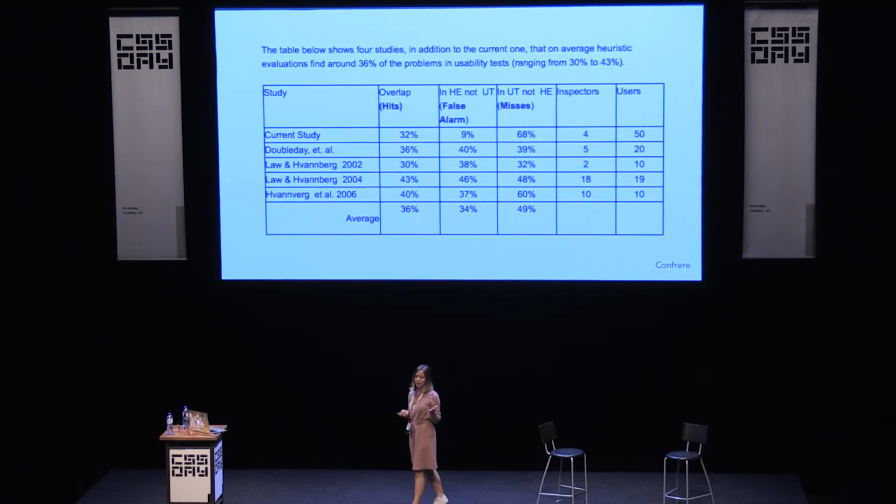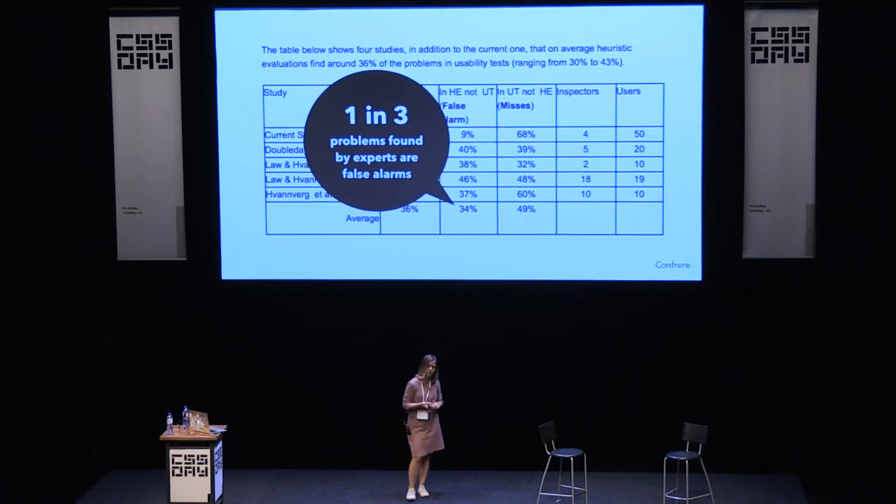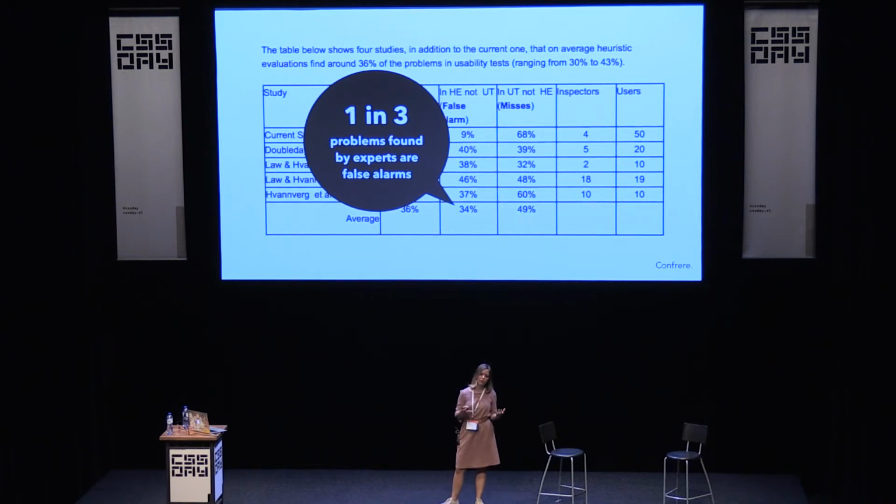These are 5 different studies where first, they had experts review a page and identify usability issues. Then they user tested the same interface, and then they compared what they found. So what experts find versus what you find in user testing. On average, 1 in 3 problems found by the so-called experts were false alarms.